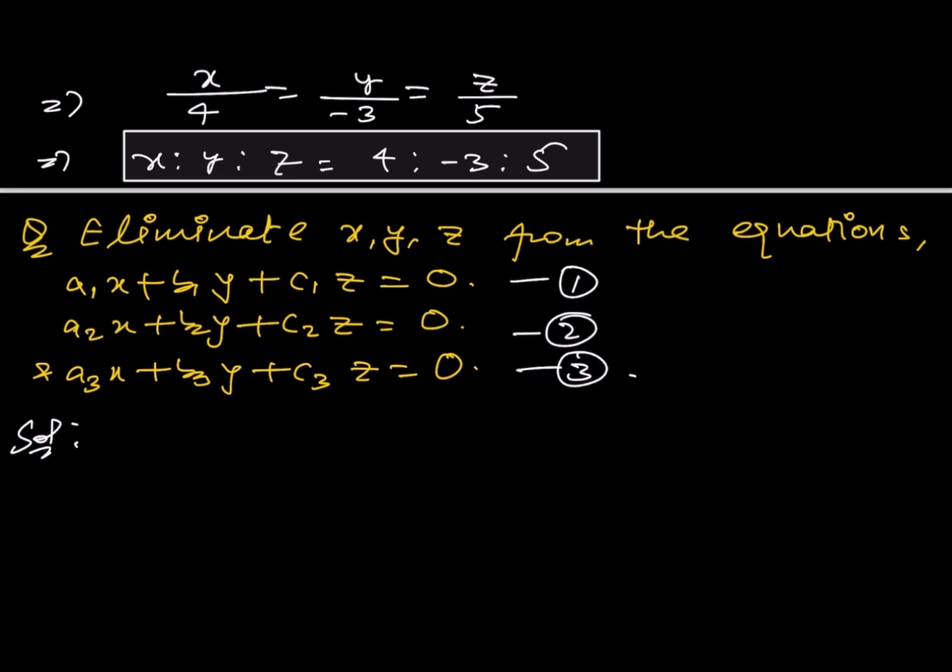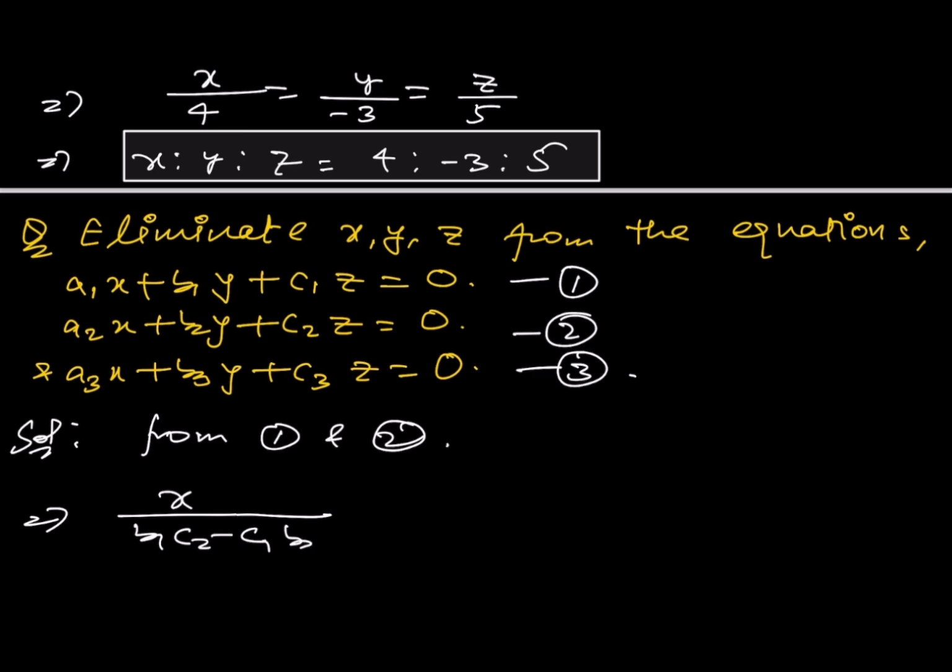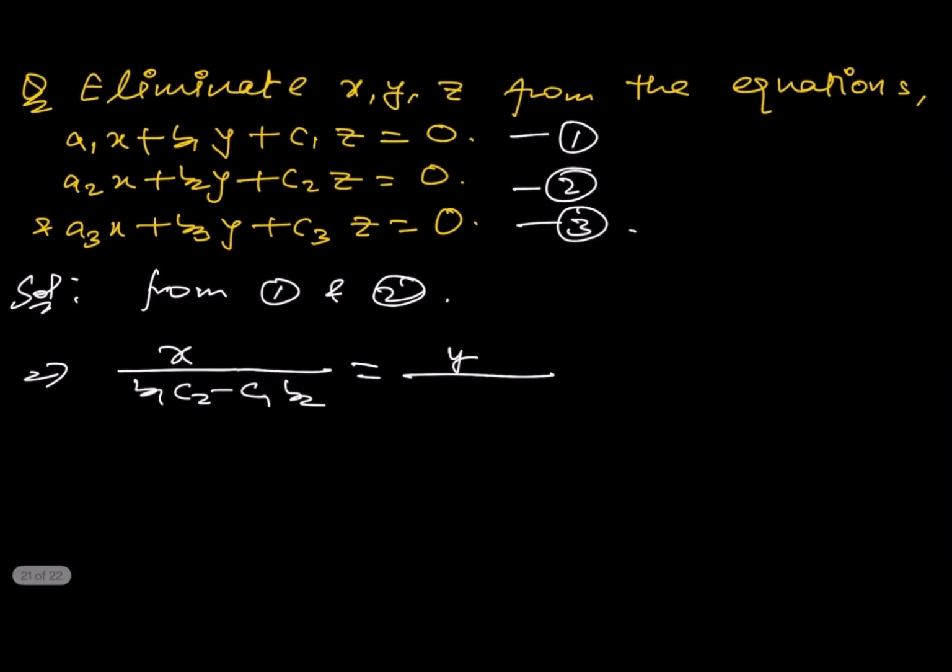If I'm taking 1 and 2, then using the cross multiplication rule, from 1 and 2, x upon b1 c2 minus c1 b2 is equal to y upon c1 a2 minus a1 c2 is equal to z upon a1 b2 minus b1 a2, right? So this is the ratio of x, y and z.